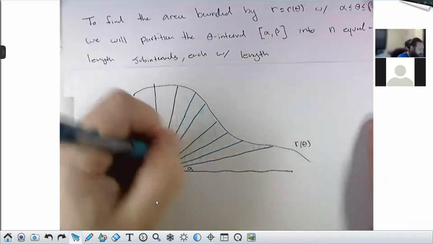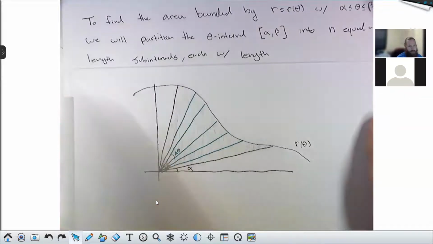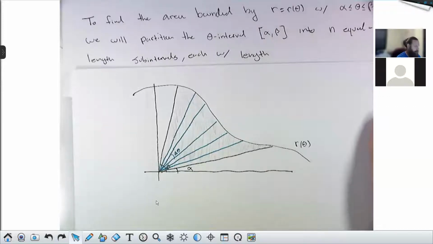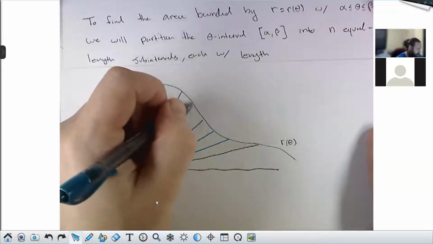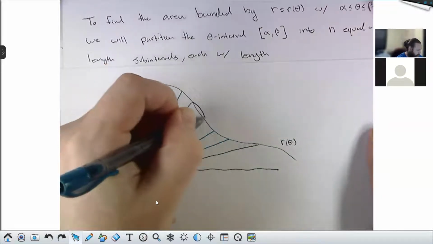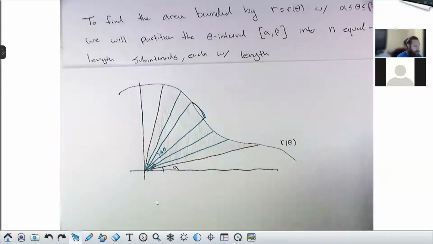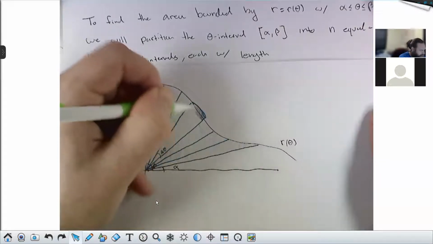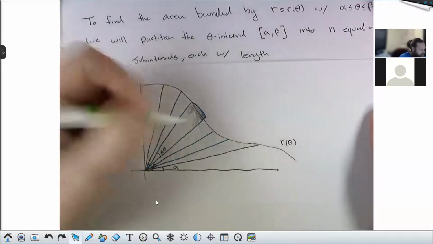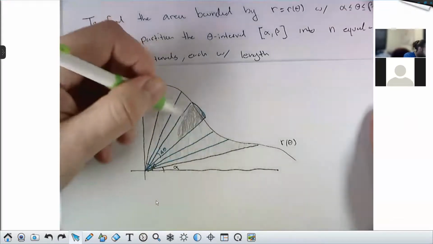And each one of these little angles in here is delta theta. And instead of a little Riemann rectangle, what I'm going to have is a little Riemann sector. So I'm going to approximate the area bounded by the curve there as the area of this little Riemann sector. I'll shade in dark pencil.